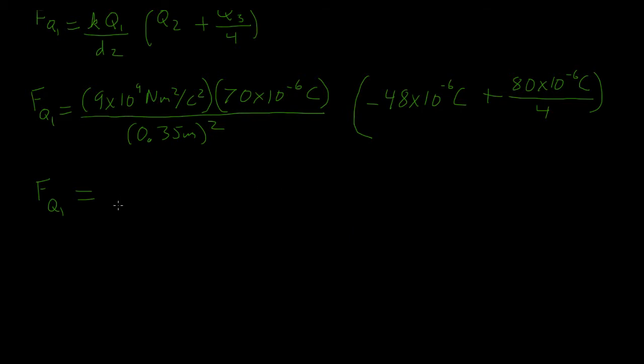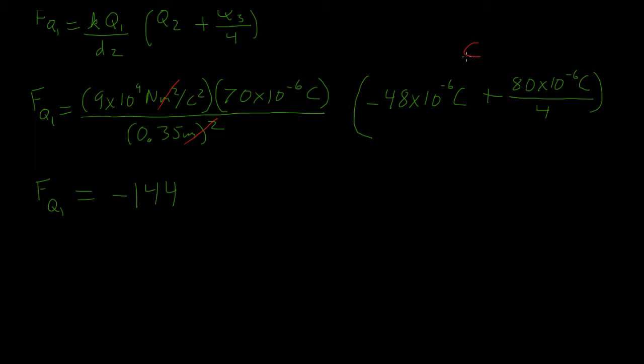So the force will be negative 144. And let's take a look at our units. Here we have meters squared in the denominator and meters squared in the numerator, so these will cancel. Here when I take coulombs and I add it to coulombs, I'm still just going to get coulombs.